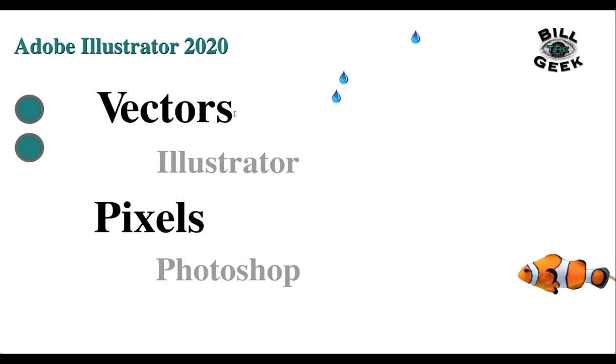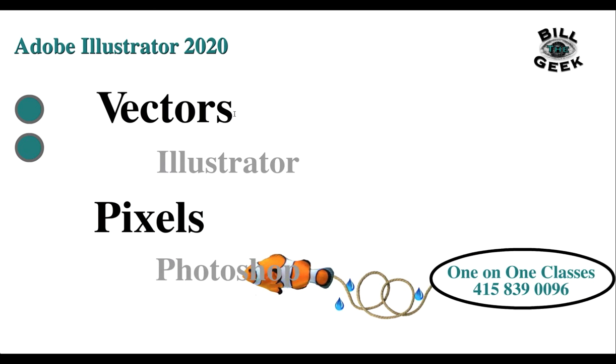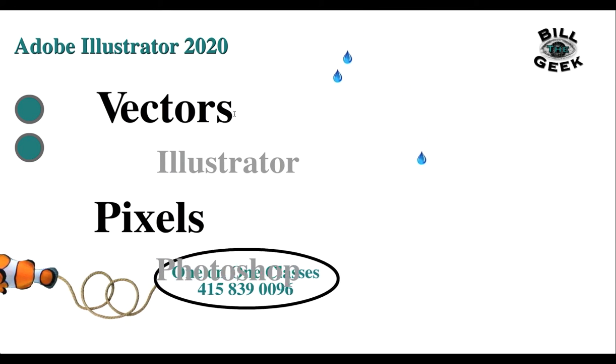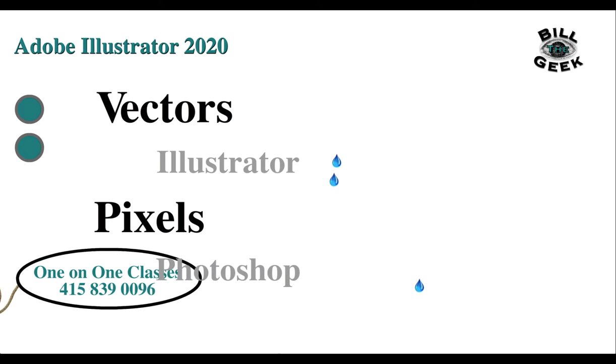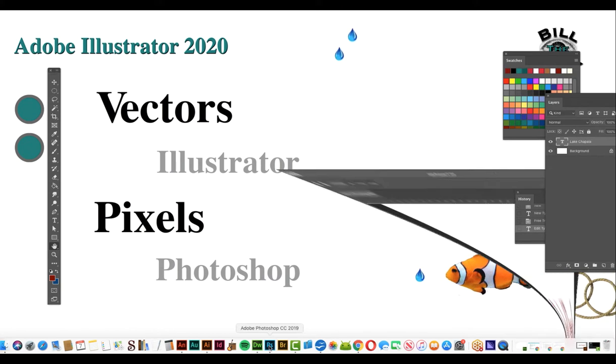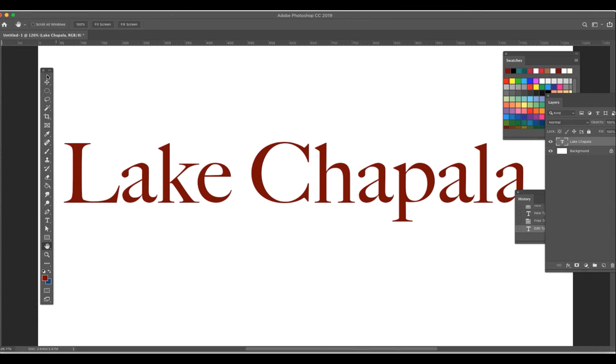And we're going to manipulate the heck out of some vectors, but I want to show you the difference between a vector and a pixel. So let's go into Photoshop. And in Photoshop, I've typed in some text. Lake Chapala.